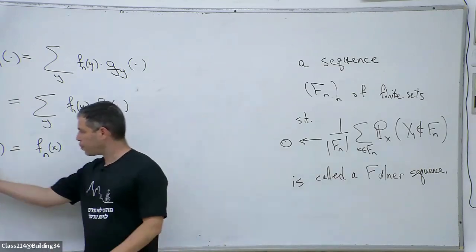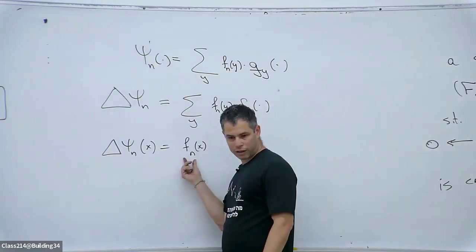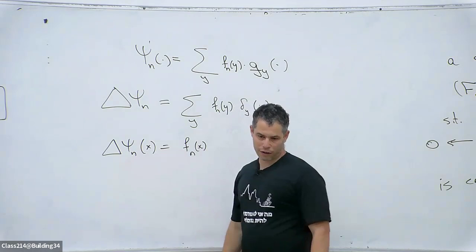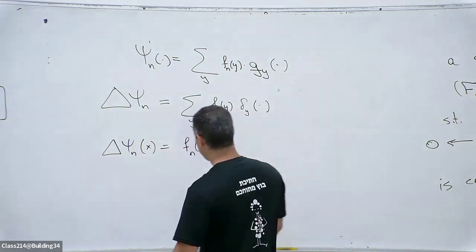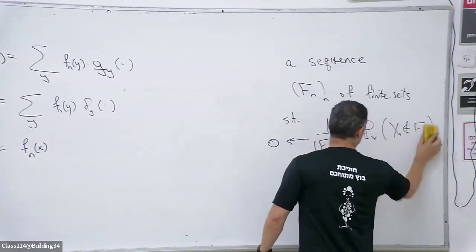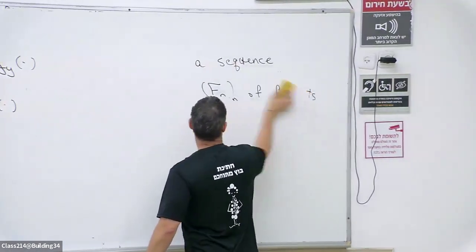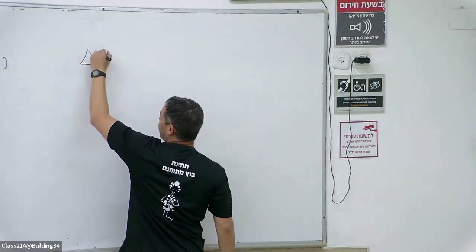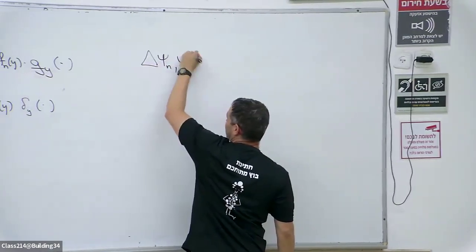If I want to solve Laplacian psi n equals f n, then the solution is psi n equals g f n. But now I want you to notice something. What is the inner product of the Laplacian psi n with psi n?